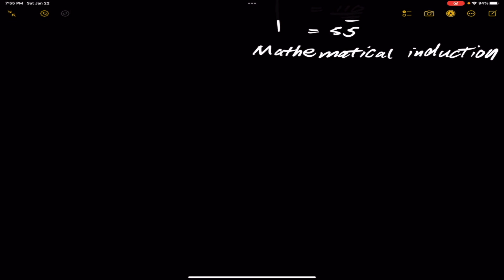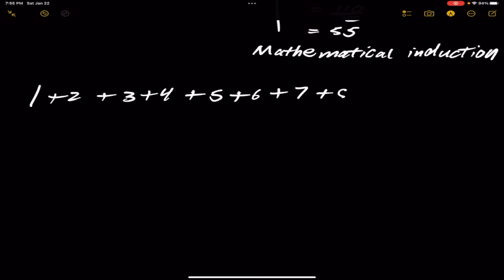So what you can do is represent the problem as 1 plus 2 plus 3 plus 4 plus 5 plus 6 plus 7 plus 8 plus 9 plus 10, and you break it down into smaller pieces.